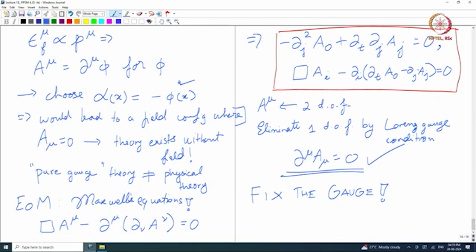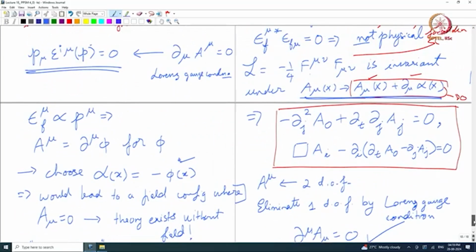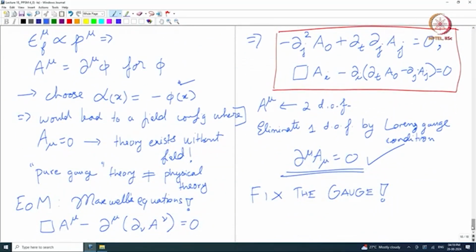So that is what we are going to do, and I am not going to go through the algebra of this because it gets very counterintuitive and confusing. So rather I am going to ask you to look at the exact argument in Schwartz's QFT book or in any number of QFT books. It is a very standard trick.